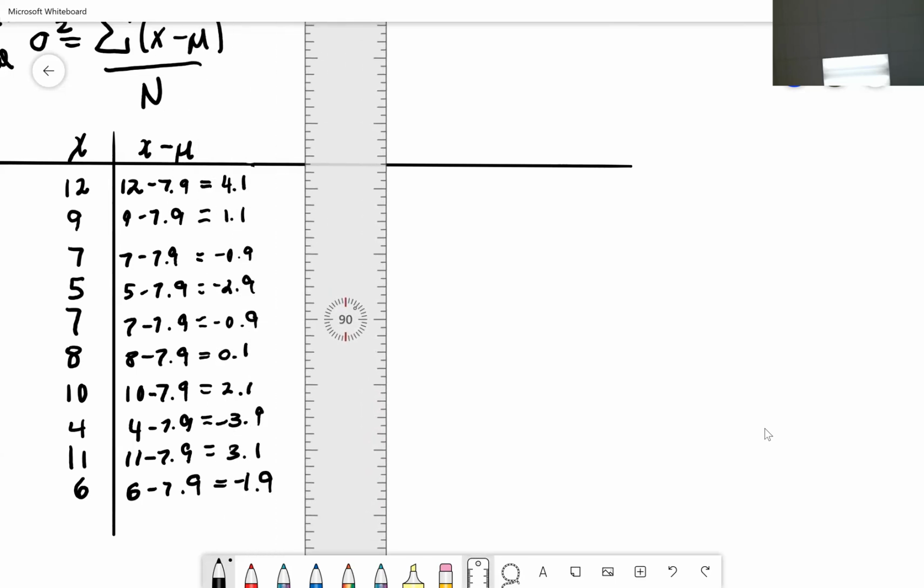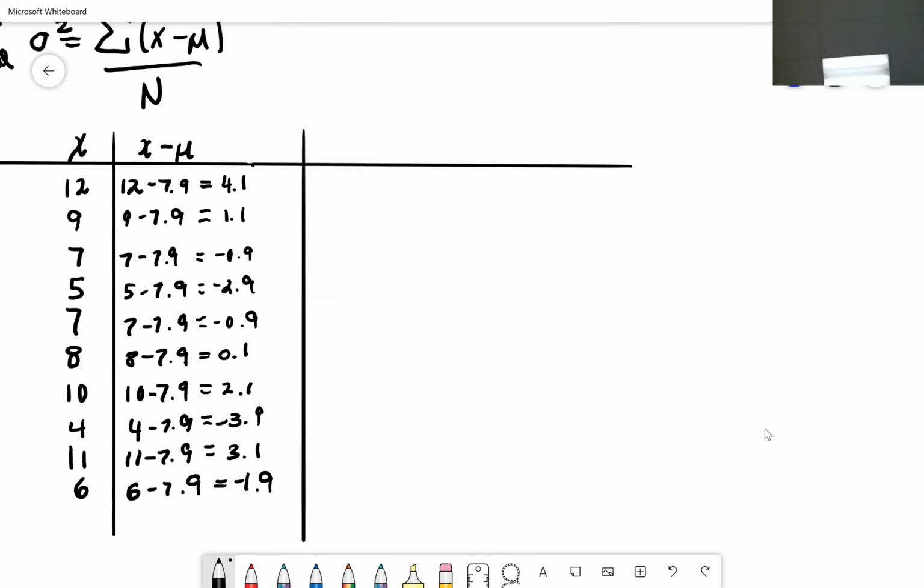Now, I should check right now that my deviations add up to 0. We have a nice mean. We didn't have to round our mean, but sometimes when you get a mean, you round it, and then the sum of the deviations doesn't give you exactly 0. But in this case, our mean wasn't rounded.